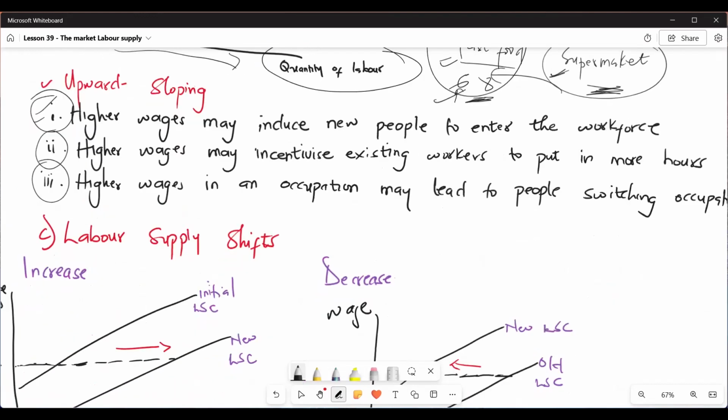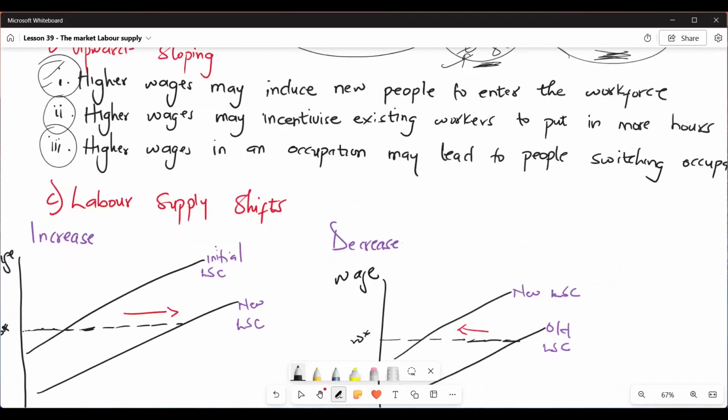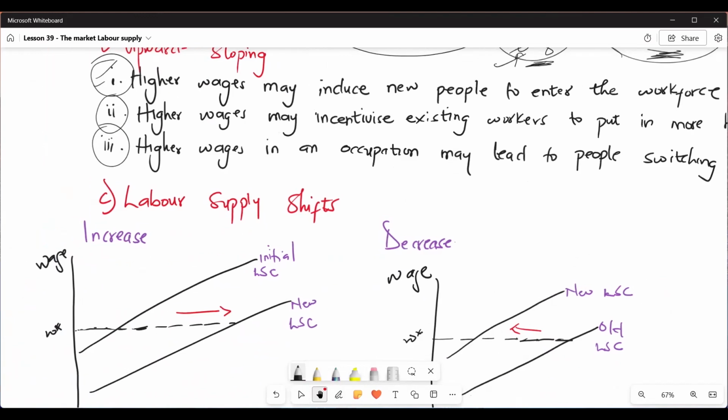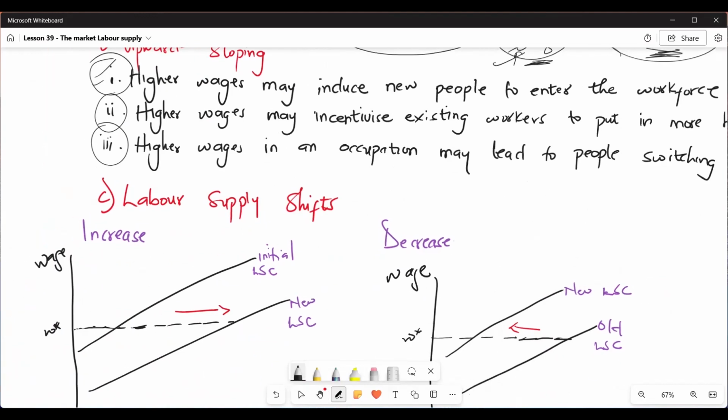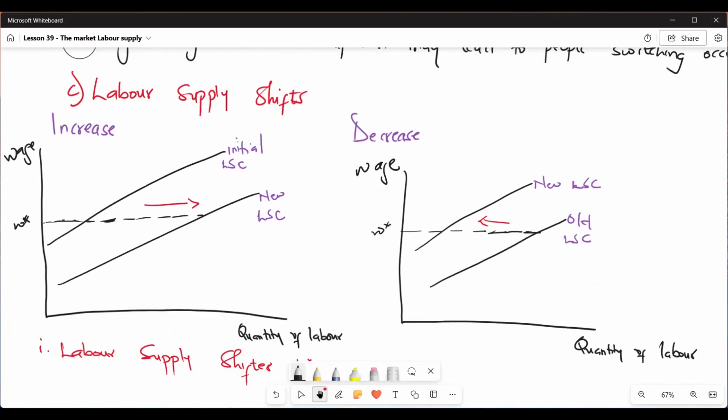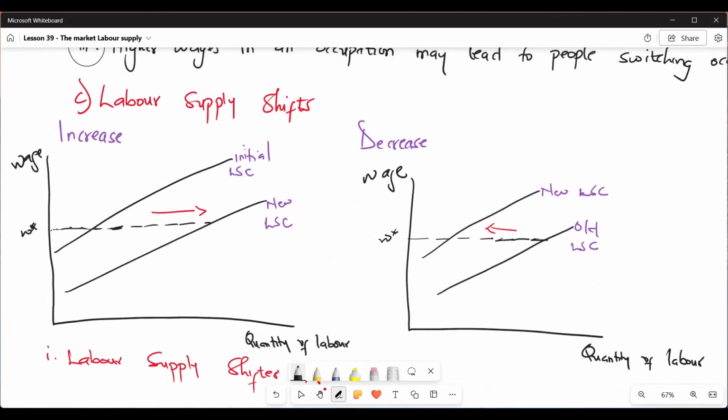Now that we know the shape of the labor supply curve, what happens when some factors in the market change? We saw in our previous lesson that any change in market outcomes, apart from the change in the wage, can increase or decrease labor supply for an individual. This is a similar case for the market labor supply.